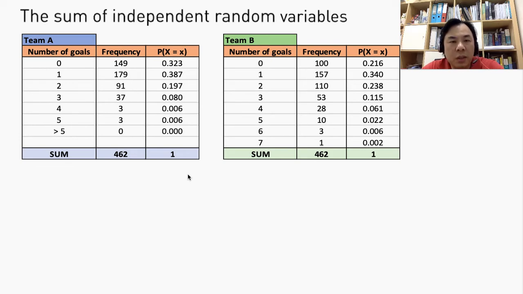But our concern for today's section is more towards independent random variables. What we are going to develop later, I'm going to show you shortly.